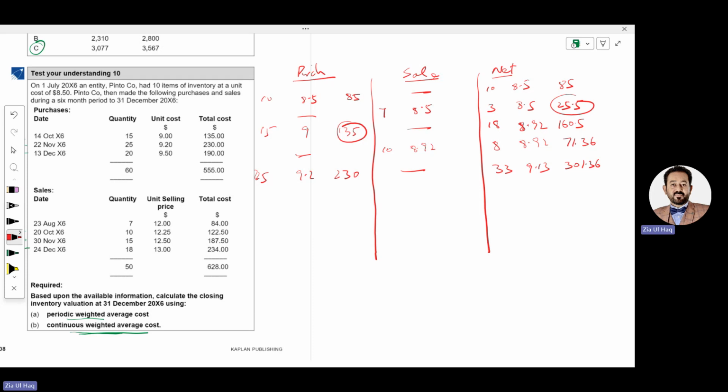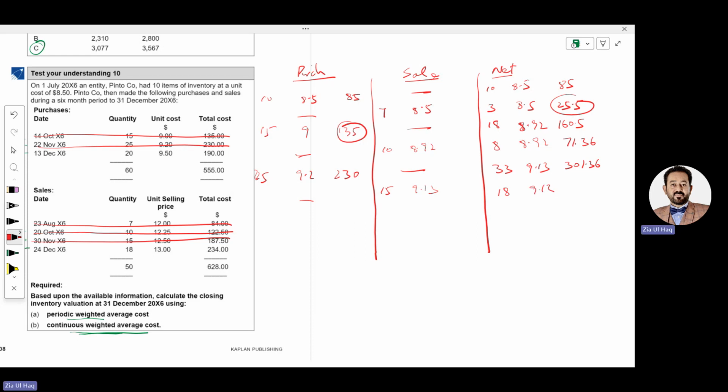How many units? 18 or 15? 15 we have sold at the rate of what? 9.13. So from 33, 15 sold, so 18 left.